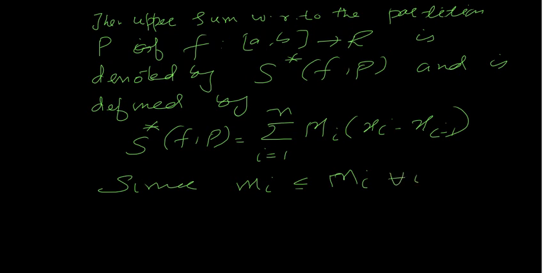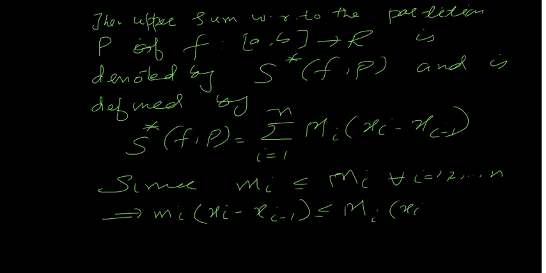This is true for all i equal to 1, 2, up to n. So this implies mi times any positive number, let's take this positive number xi minus xi minus 1, because xi minus 1 is less than xi, is always less than or equal to capital Mi times xi minus xi minus 1.